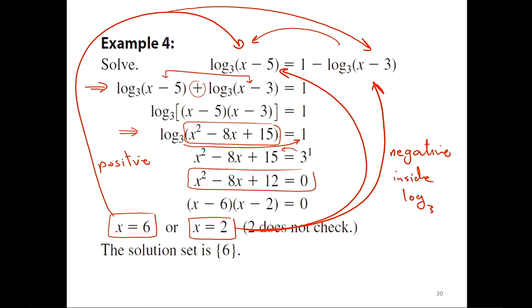Because after substituting 2 minus 3 is minus 1, 2 minus 5 is minus 3. So we have an argument, inside the logarithm, that is negative. So x equal 2 must be removed. This is not a solution. So we have only one solution, x equals 6. Okay? Any question? Do you know why we remove the x equal 2?